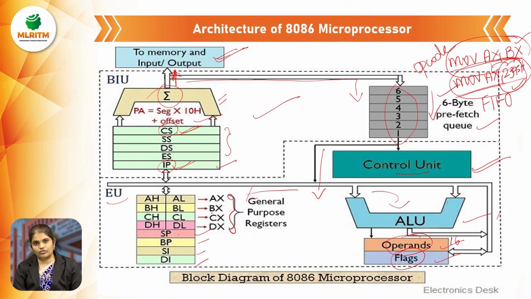Again, after execution, the data is moved into the general purpose registers, which is a user-defined one. And the flag register will tell the status of the instruction while and after the execution, what happens to the instruction we have written. That will be indicated by this flag register, which is also a 16-bit register.